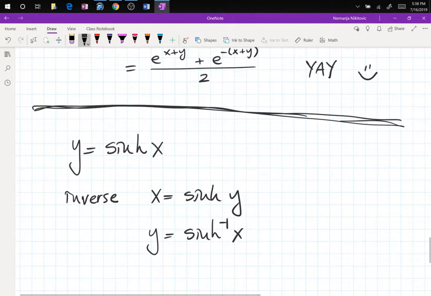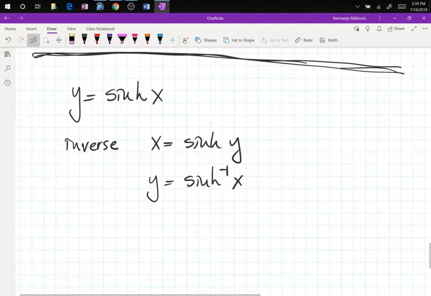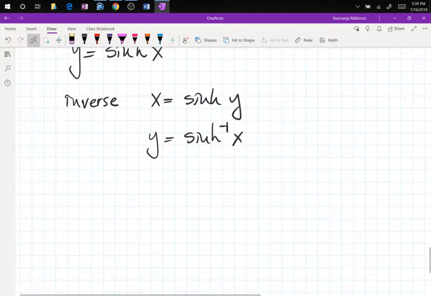I won't bother you with those derivations. Just want to see how far it goes. Okay, there they are. So on page 508, you get to find the inverse list.